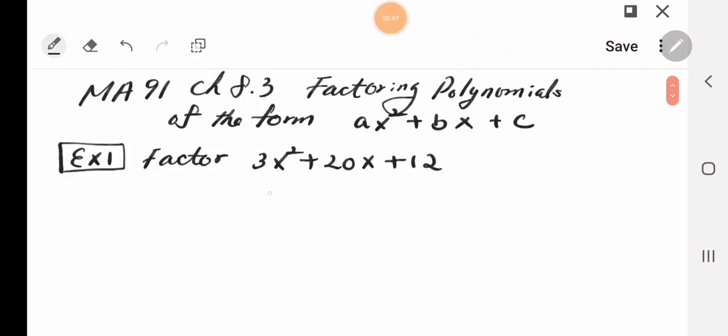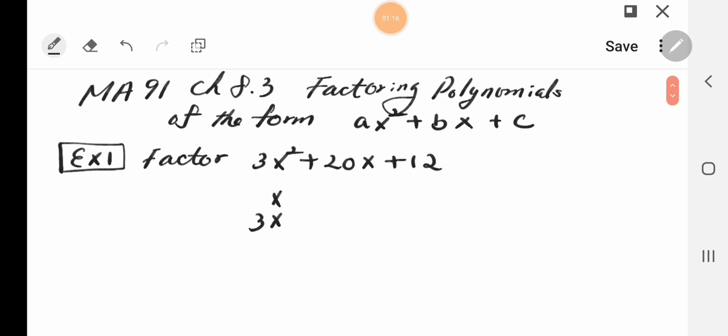So 3x squared is x times 3x, since 3 is 1 times 3, and 12 is 2 times 6, or 6 times 2, or 3 times 4. There are many possibilities, many pairs, each pair being a product of two factors.